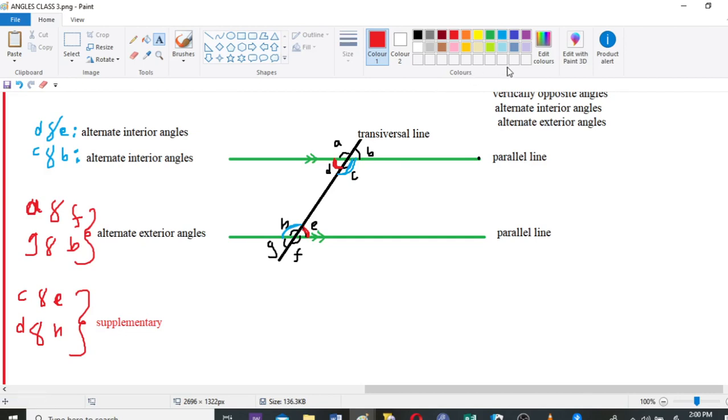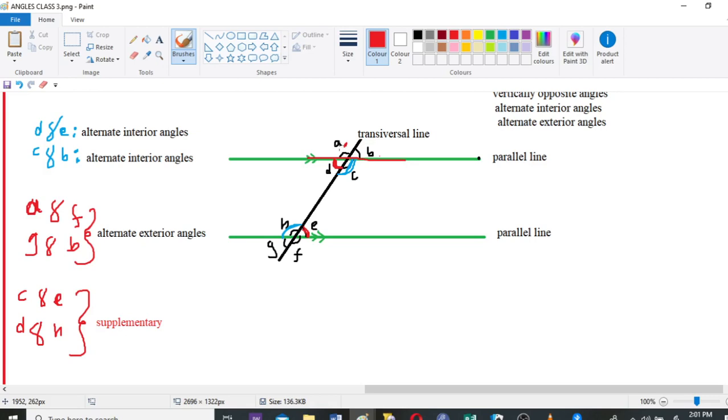You can use the one we used in the previous question. For example, you've been given A and you need B. You just reason, this is a straight line, and you know what an angle on a straight line is.